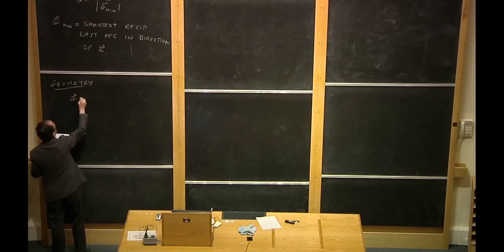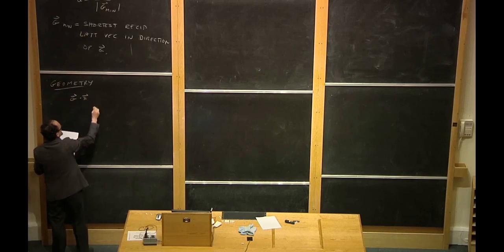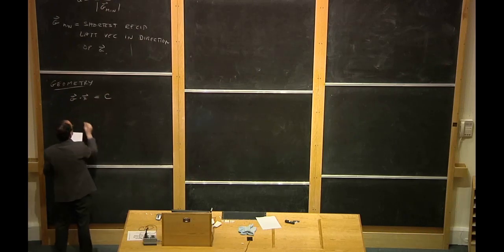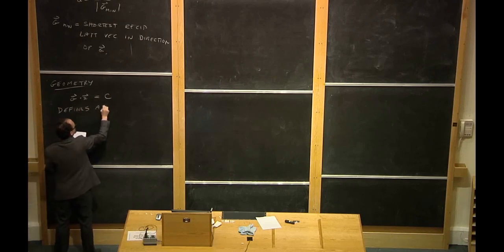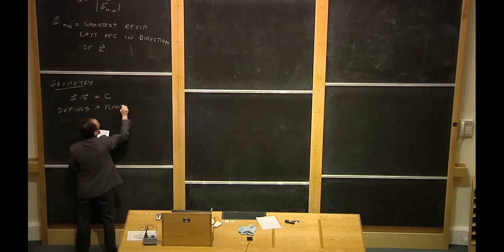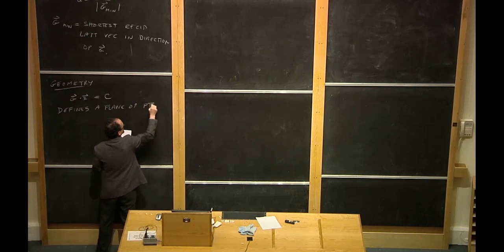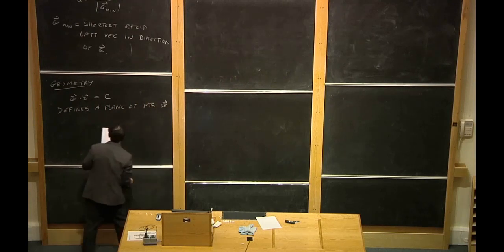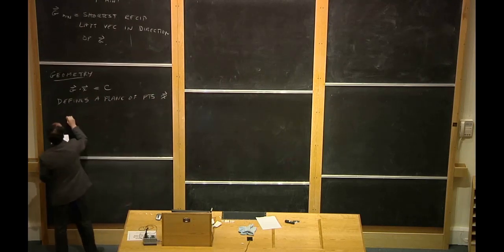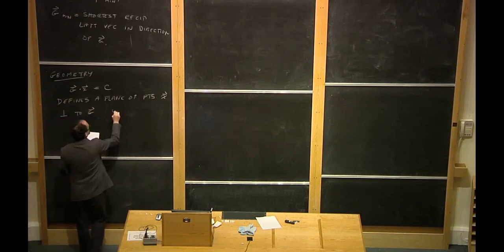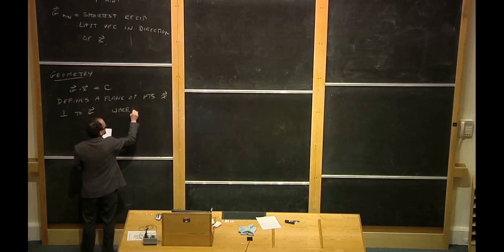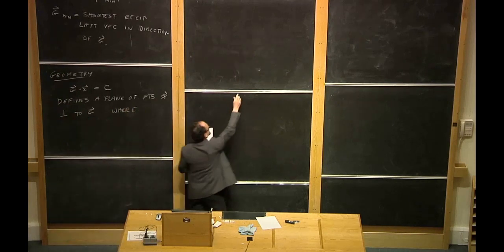Pick our vector G. G dot x equals a constant c defines a plane of points x perpendicular to G, where, okay, let me actually draw this over here.